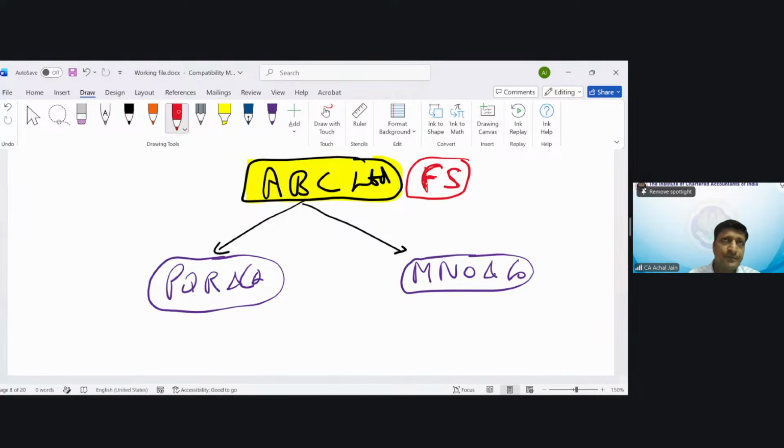So, what do you do? You will go with two, because individually these firms do not have, but if you bring them together, that's where the objective will be achieved.